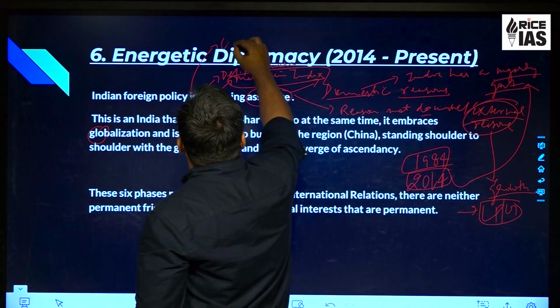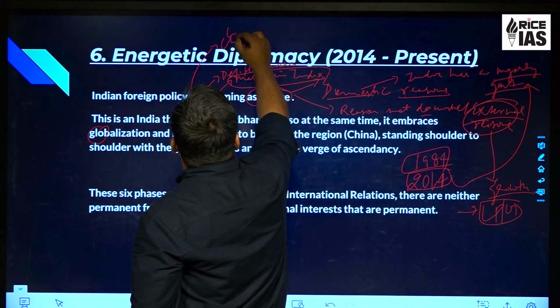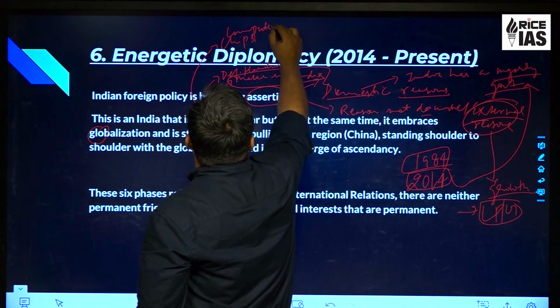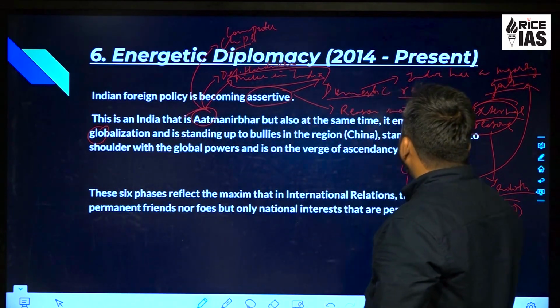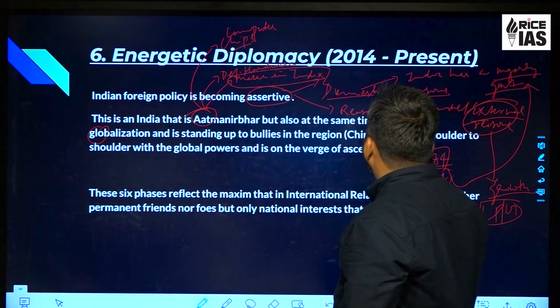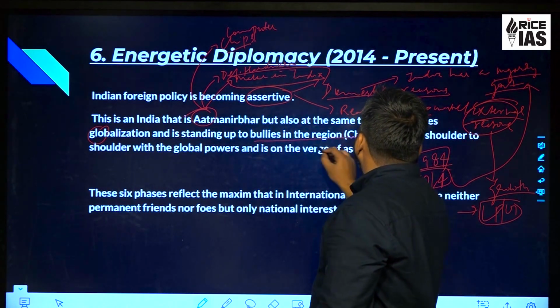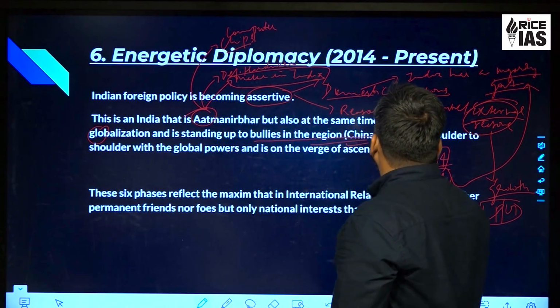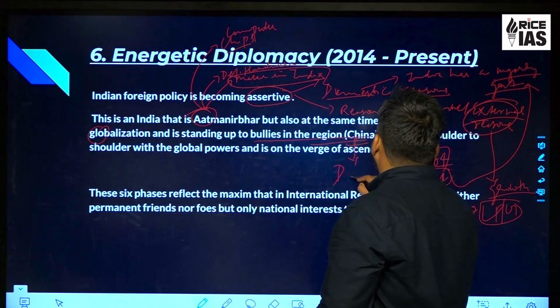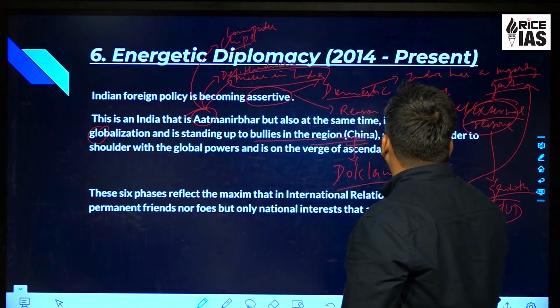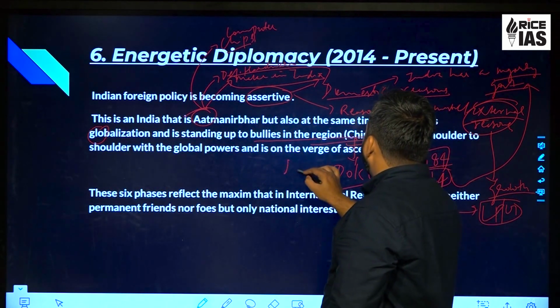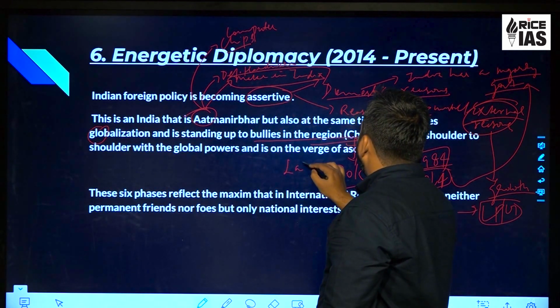Sensitive components like computer chips will be made in India. Globalization is standing up to bullies in the region. Of course, India is standing up to the bullies in the region. Doklam. And recent Leh.